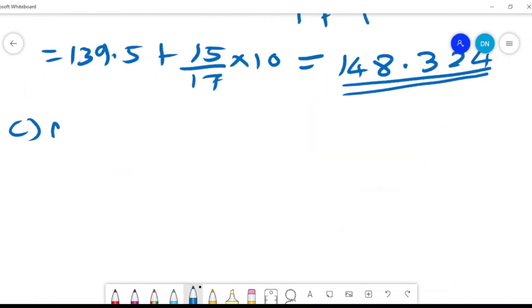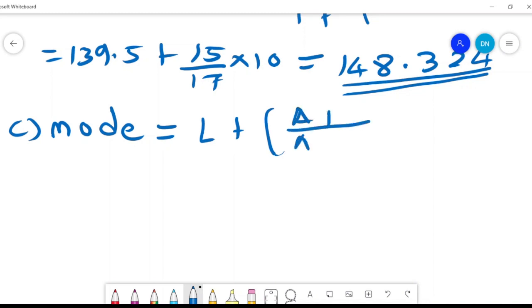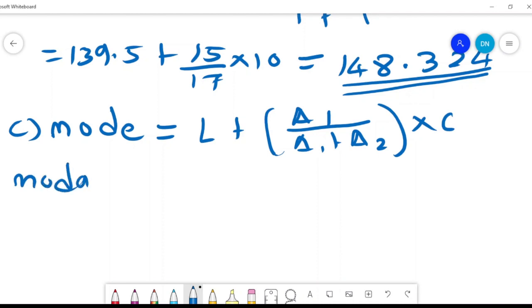The last is the mode, which is given by the formula L plus delta 1 over delta 1 plus delta 2 times C. Now, the first thing is we need to get the modal class. When you look at the data, which one is the modal class?